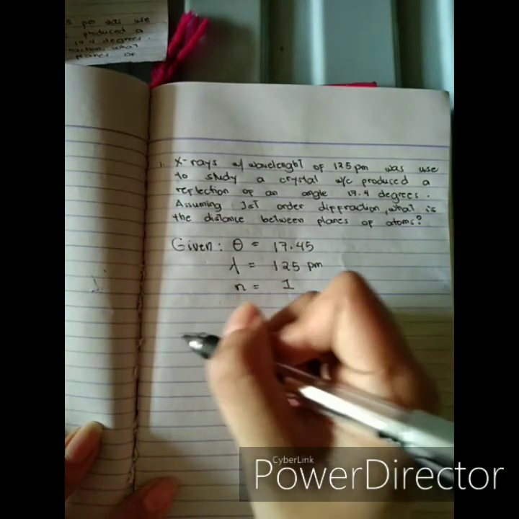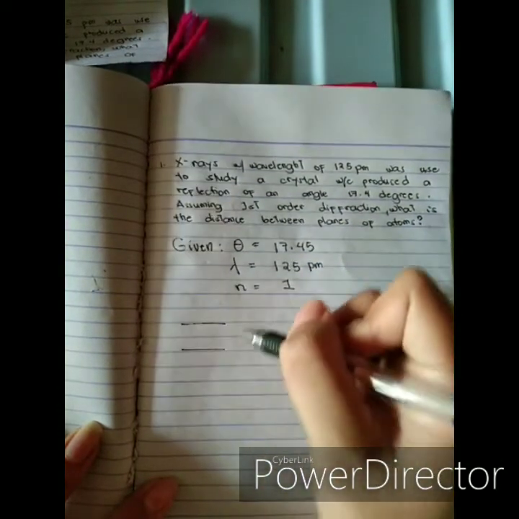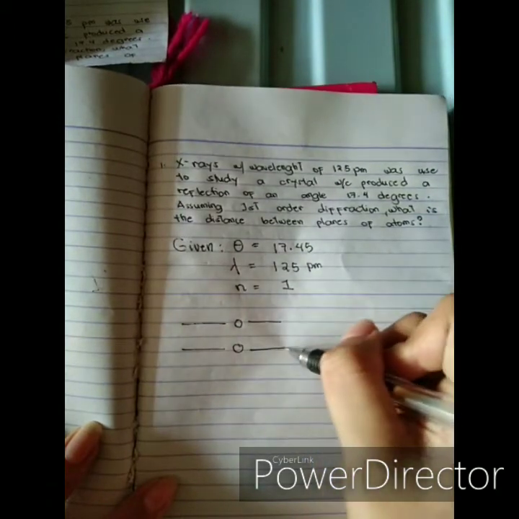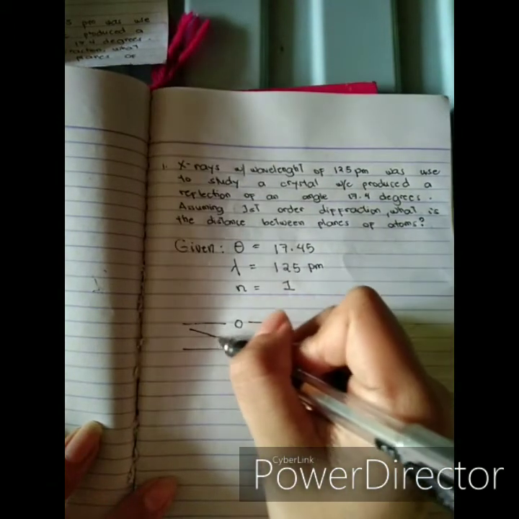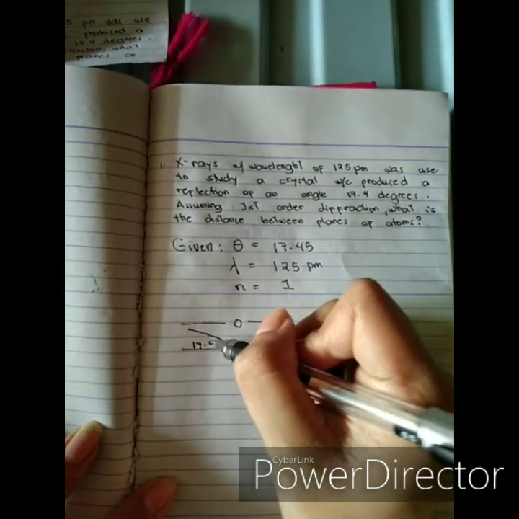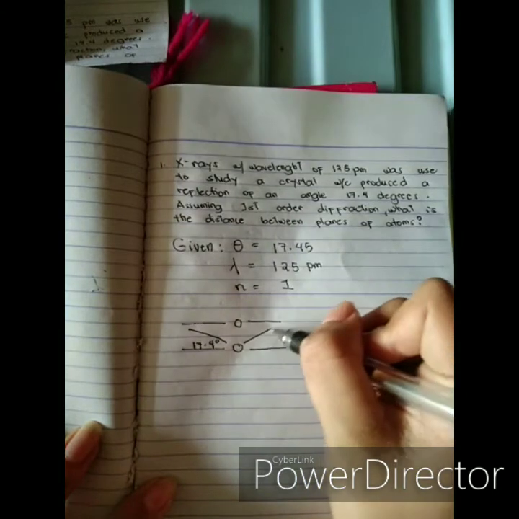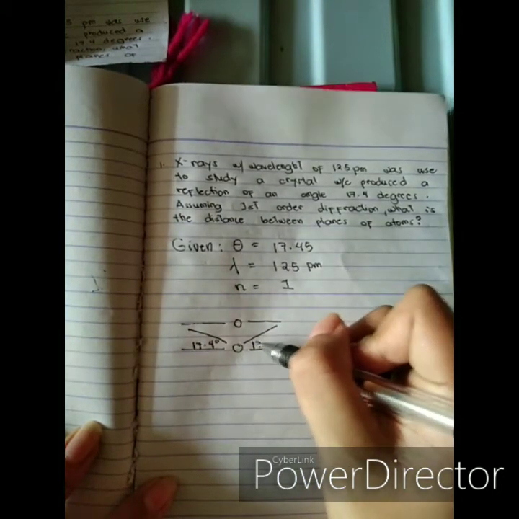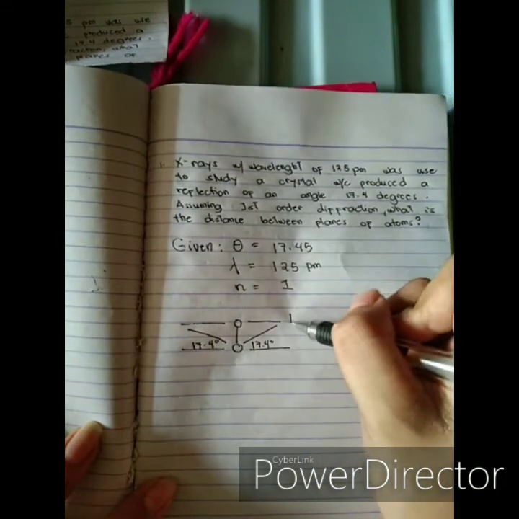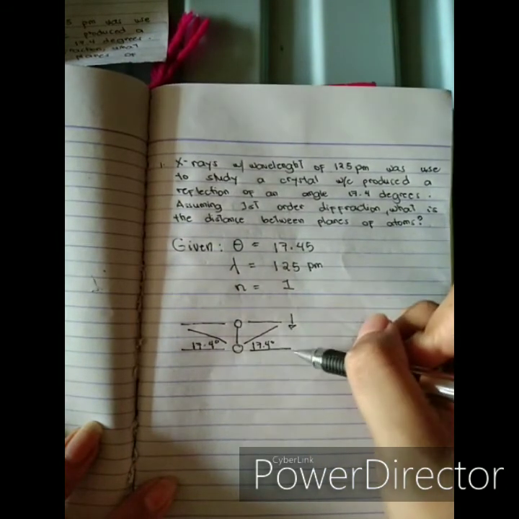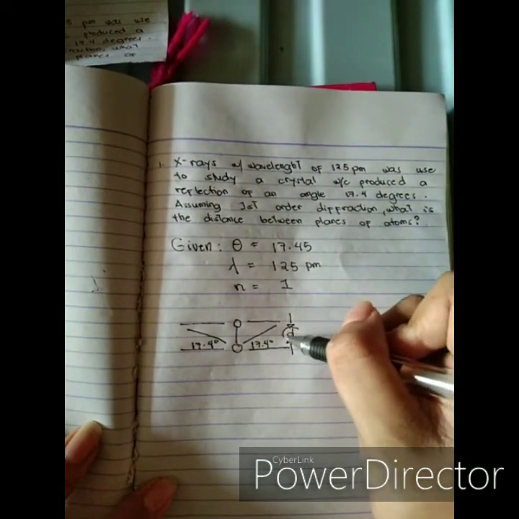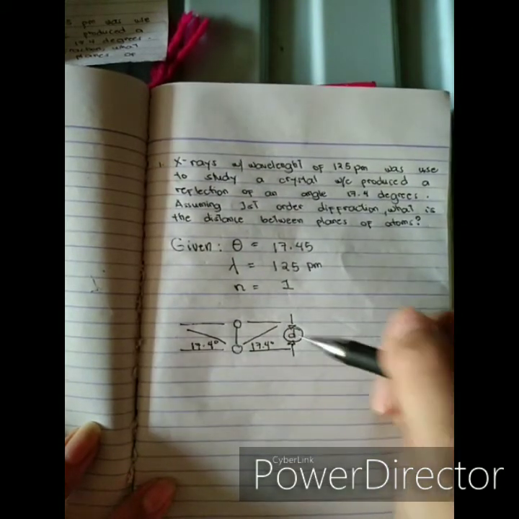So now we are going to show a diagram for this problem, with 17.4 degrees for theta on both sides, and we are looking for the distance between planes of atoms.